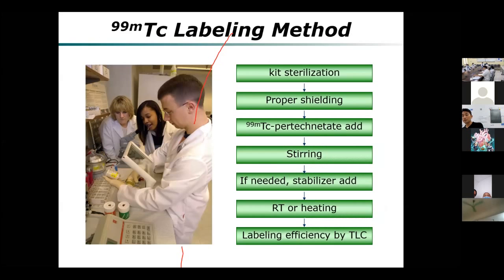In our hospital, we use this procedure for the labeling and check its quality control using TLC. First, we prepare a sterilized kit, and then using proper shielding, we add technetium and stir for the labeling. Then we check the TLC for the labeling efficiency and use this radiopharmaceutical for humans.